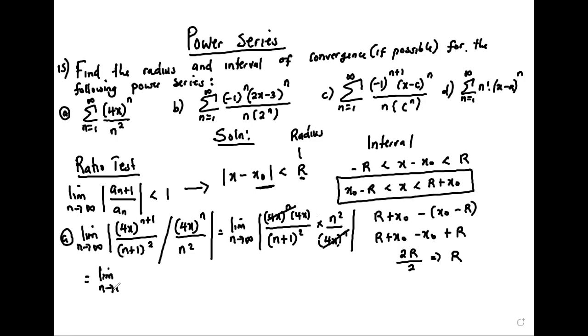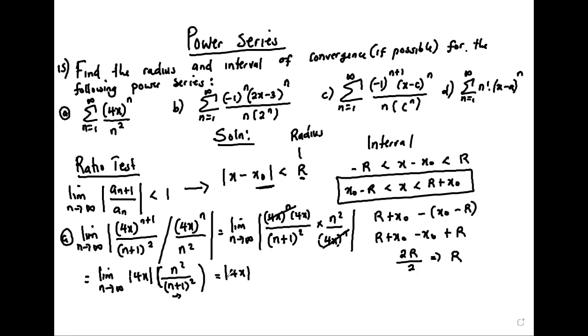So we're going to remain with the limit as n goes to infinity. We write the 4x alone, and then we get the limit of n squared over (n plus 1) squared. The limit here is just 1. So we have the absolute value of 4x.